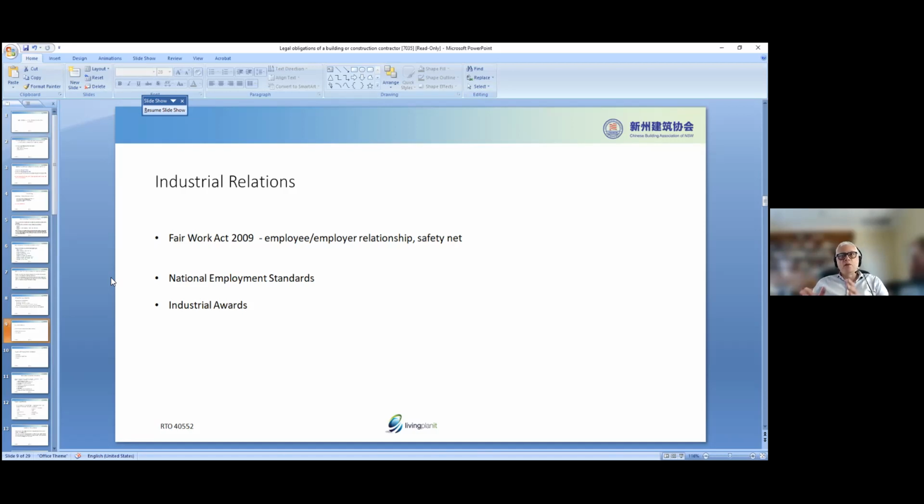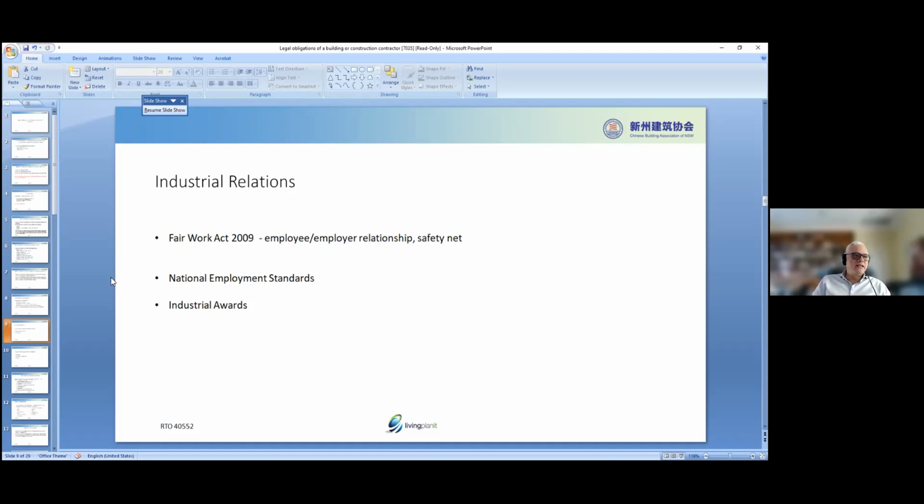But nevertheless, we have the Fair Work Act, which is an act again, so it's the law that's been passed down, which specifies the employee-employer relationship. It's there as a safety net for the employee, for the worker, to make sure that he gets his rights. He's not abused.